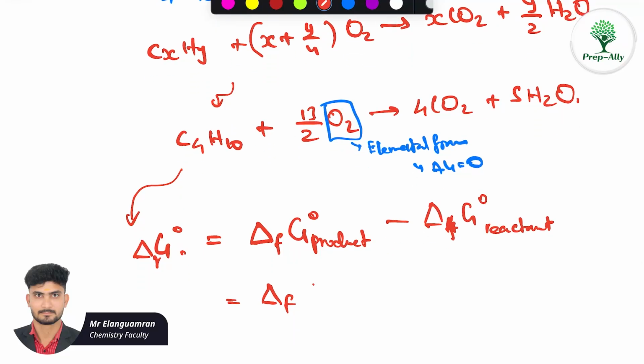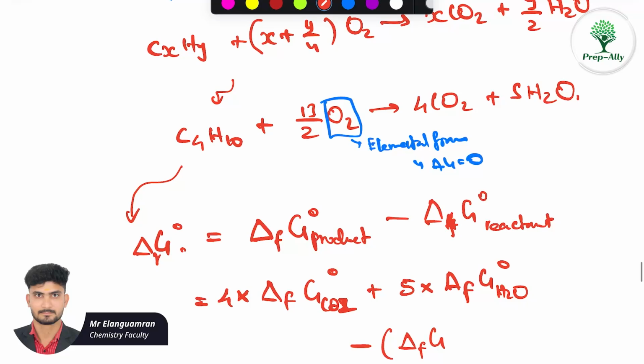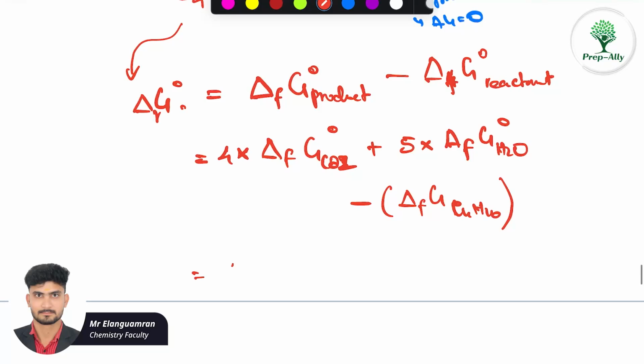So delta G naught of CO2, I have per mole, so I have 4 CO2 molecules over here and 5 water molecules, minus of butane. These values are already given in the question.